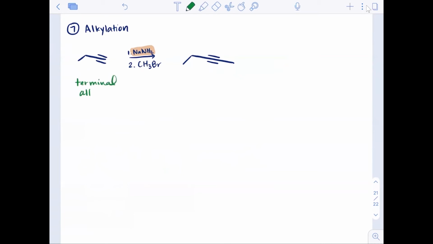Remember that terminal alkyne has a pKa of 25. And so it's that hydrogen that we are going to be replacing with a methyl group in this second step. So the first step is going to be a proton transfer.